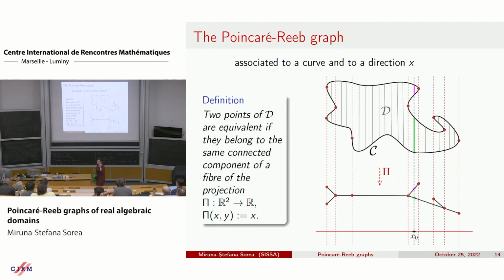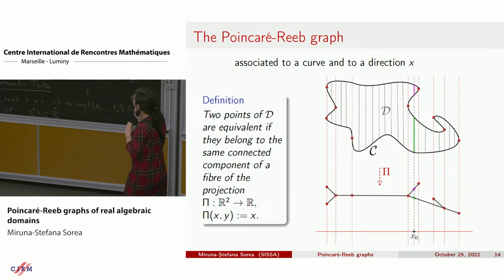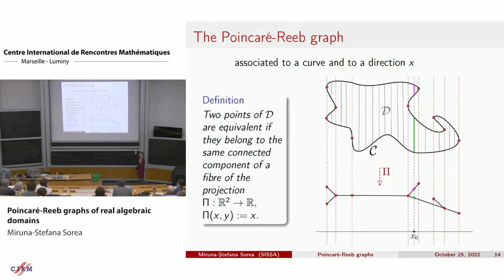Essentially, we contract each such vertical segment into a point. And if we do this, you see that the green vertical segment becomes this green point on the graph, and the pink one becomes the pink point. So in other words, if you do this for all the points, you end up contracting the whole disk into a graph. And the vertices of the graph are points of vertical tangency on the curve.